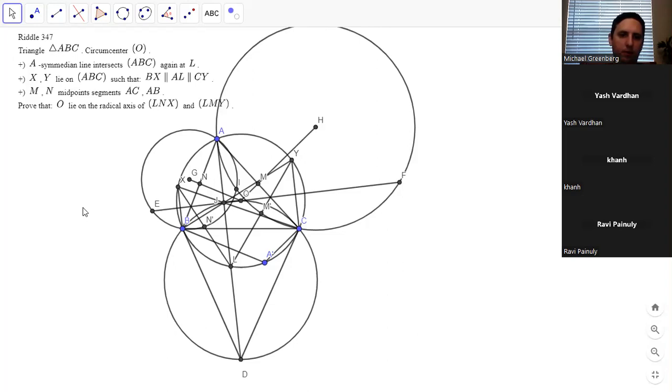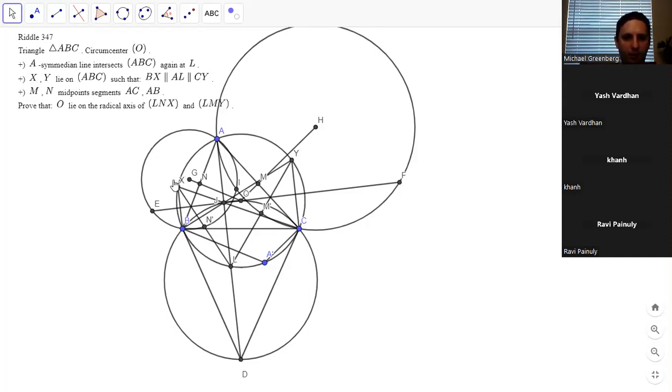Yeah, I think there's probably at least one more insight we need here. So N prime J is parallel to AX, and M prime J is parallel to AY.